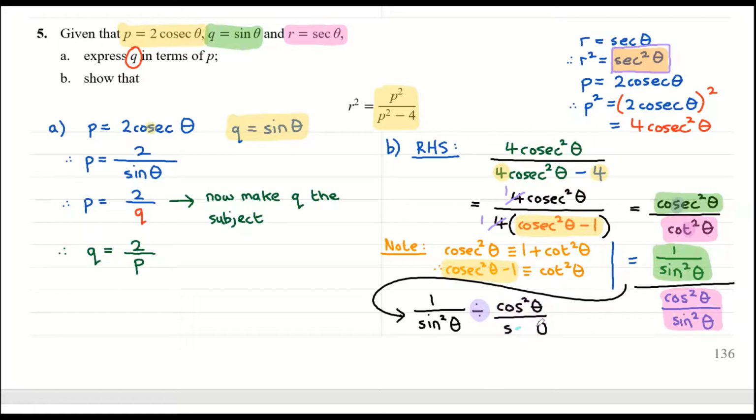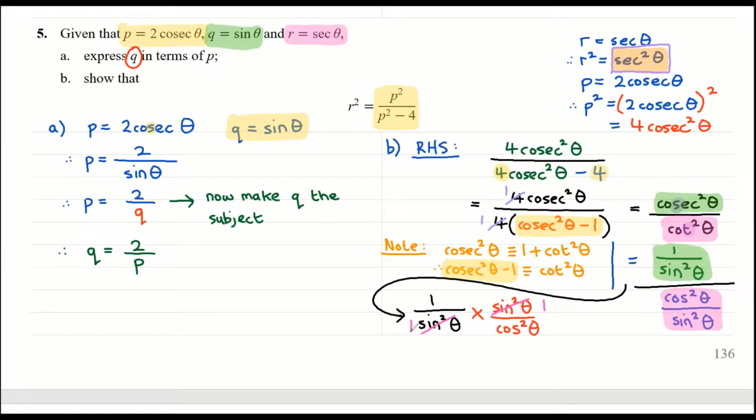I'm going to erase this and put in that extra step, just sort of overlay it. So I'm going to multiply by sine squared theta over cos squared theta by flipping. And this is the powerful step. We've got a cancellation here with sine squared.